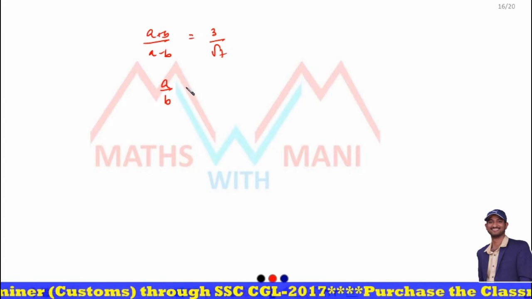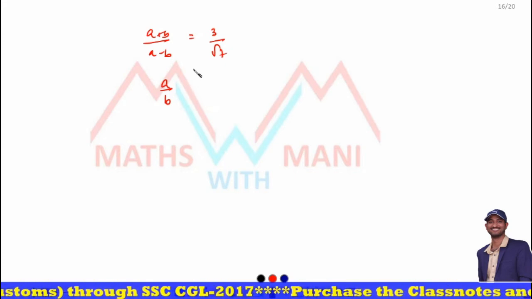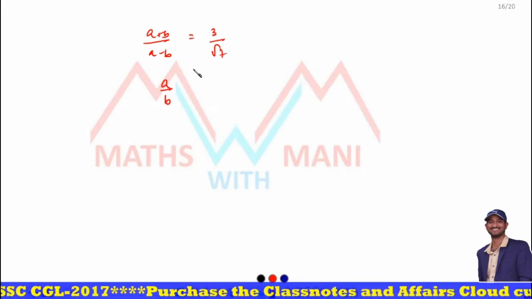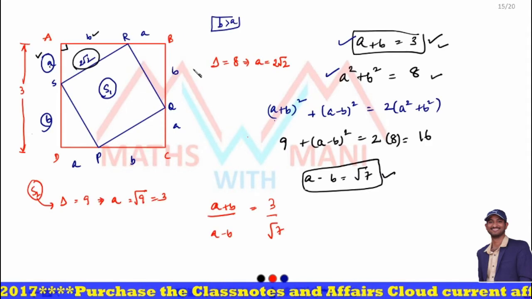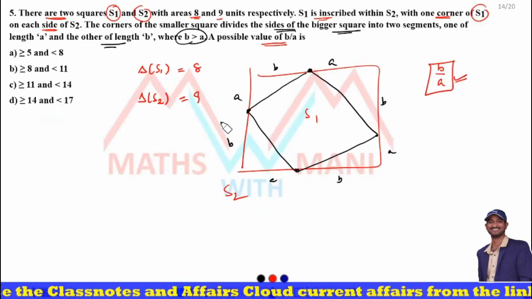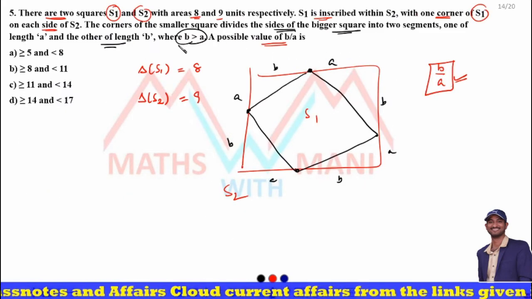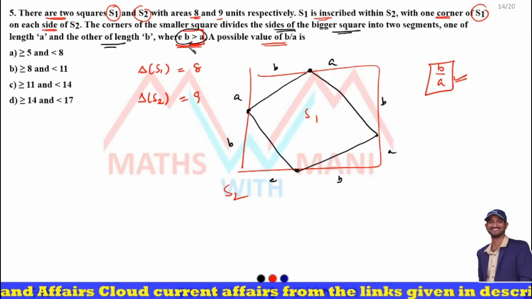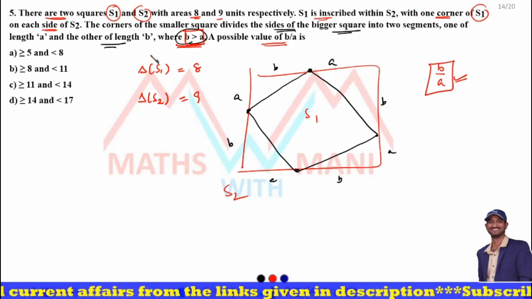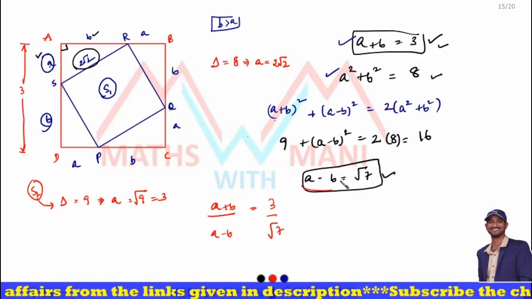Here definitely you have to remember one thing. Here b is greater than a. This is very much important. The condition is b greater than a. Why is it important? Here I am taking a minus b. We should not take a minus b.